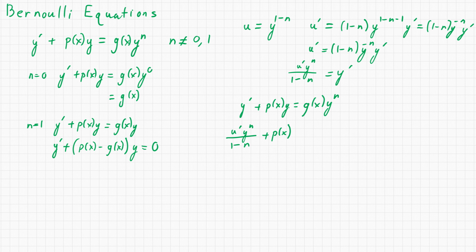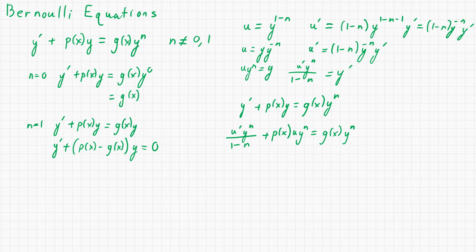In order to get y, if I go back, I have u equals y to the 1 minus n. So u is equal to y times y to the negative n. And so if I say u times y to the positive n, that's just equal to y. So this y here becomes u y to the n, and that equals g of x times y to the n.